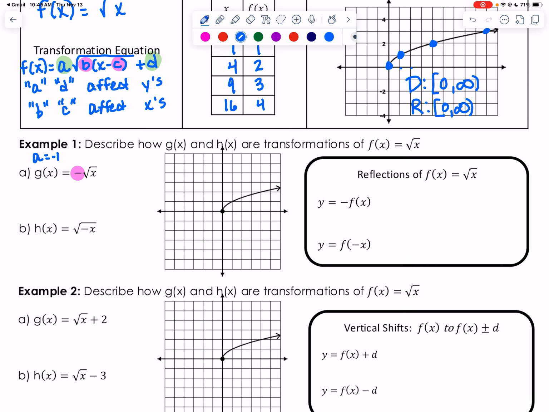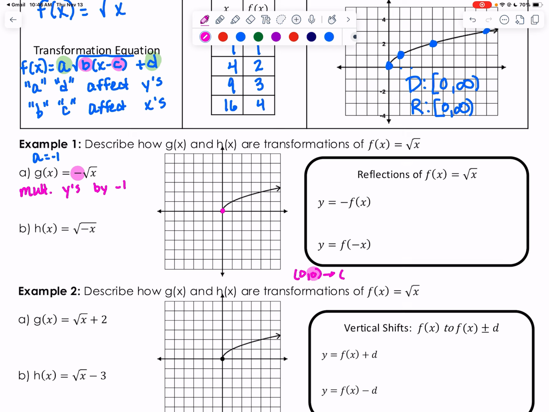So what we're doing here is we're going to multiply each y value by -1. Okay, now our first ordered pair is (0, 0). If I multiply the y value, this value right here, by -1, 0 times anything is still 0.